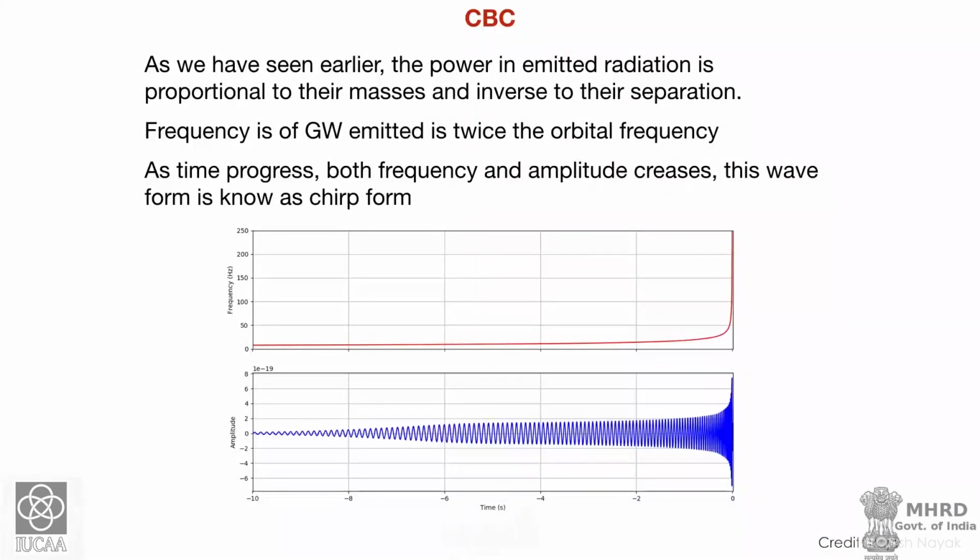So, if one plots the frequency and amplitude in this plot, you can see that what you see depends on the starting frequency at which you start plotting.